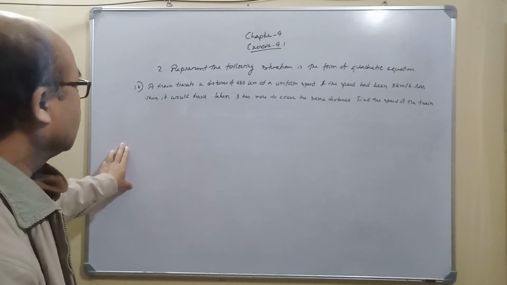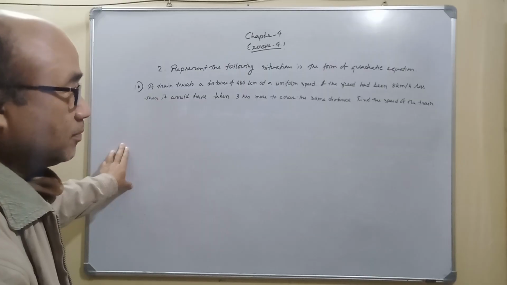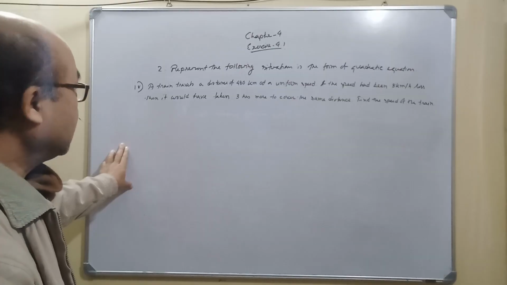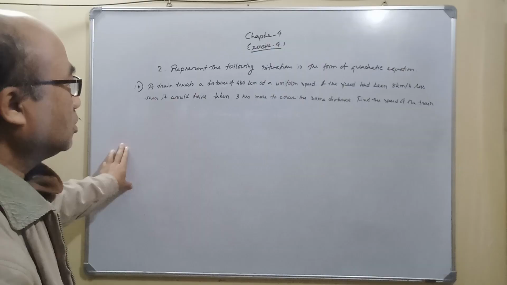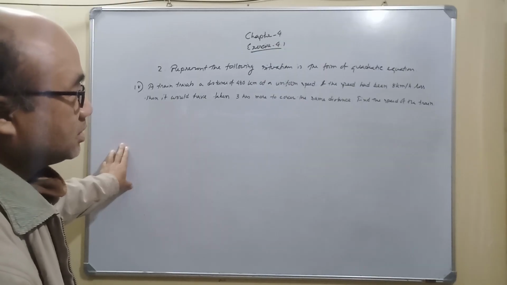It says a train travels a distance of 480 km at a uniform speed. If the speed had been 8 km per hour less, then it would have taken 3 hours more to cover the same distance. Find the speed of the train.